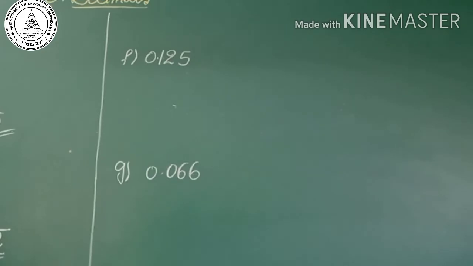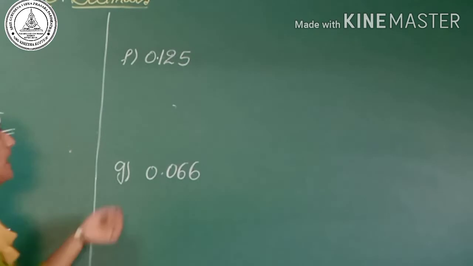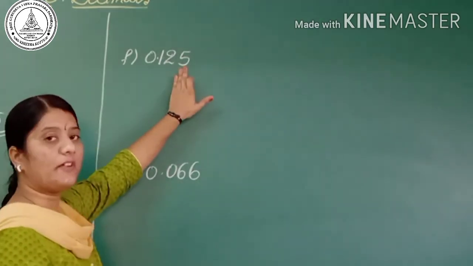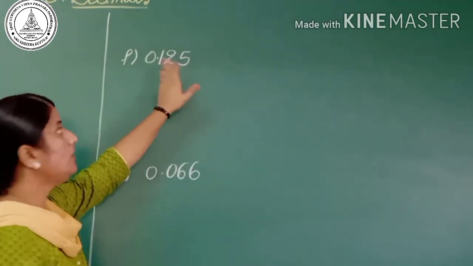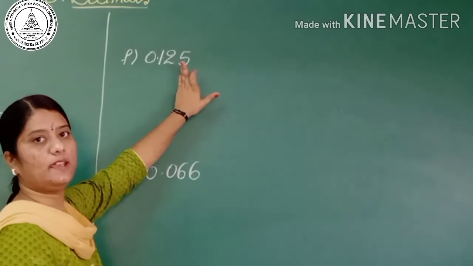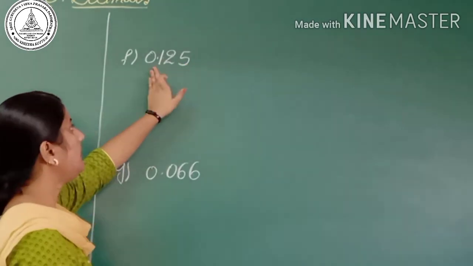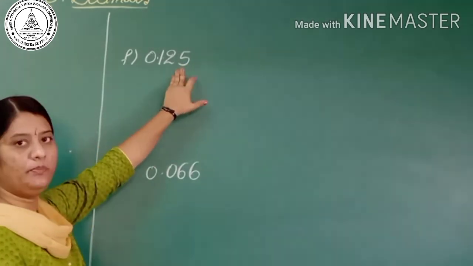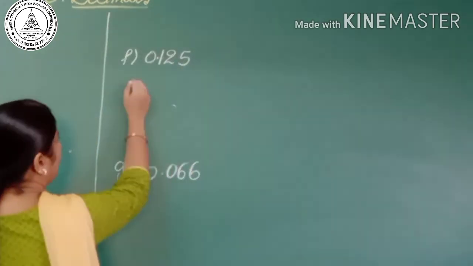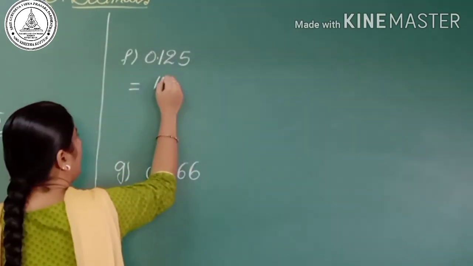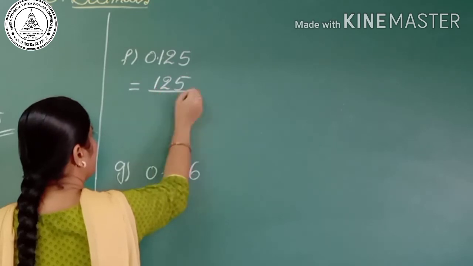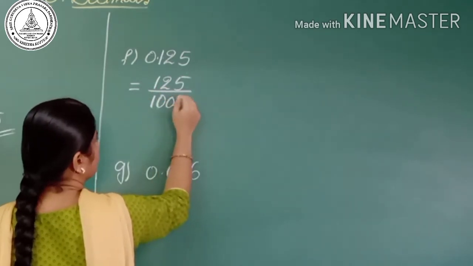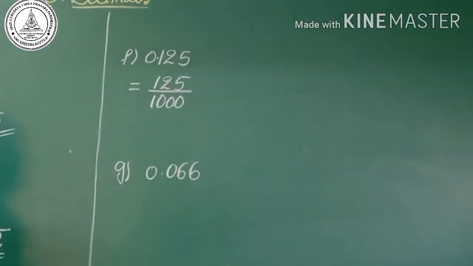Next question: 0.125, or else we can also read it as 125 thousandths, right? Here the least place value is thousandths, so we have to read it as 125 thousandths. Then write it in fractional form, 125 by 1000.